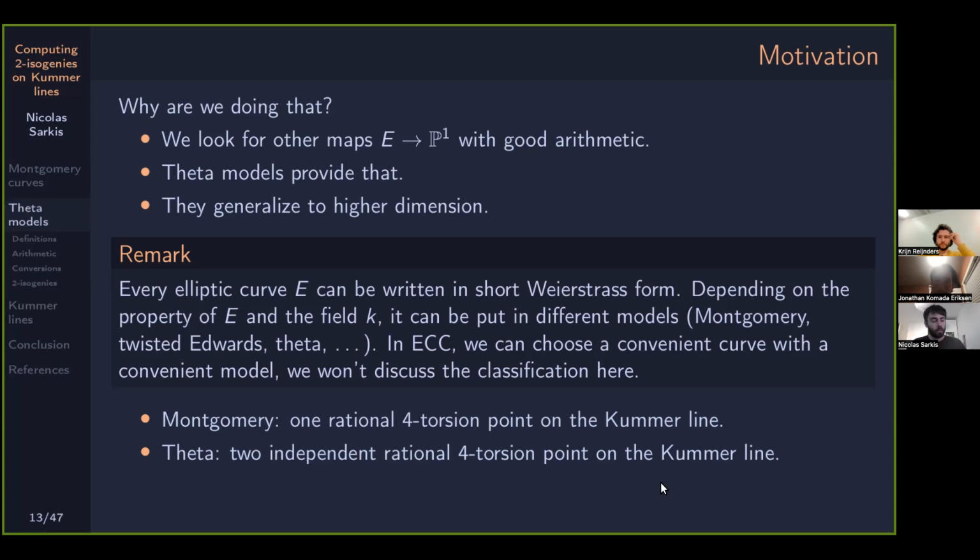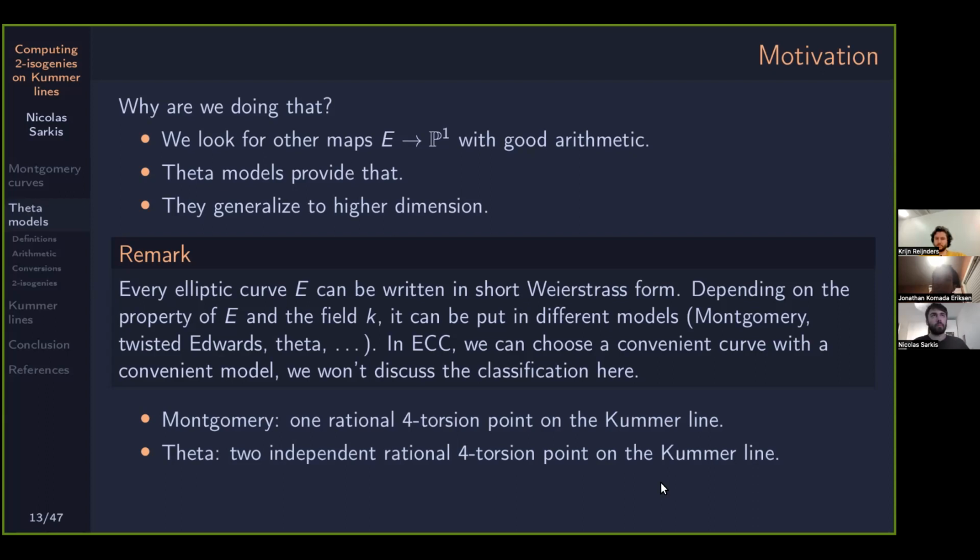You have fewer formulas, but you still have some, and in higher dimension, starting from 3, you don't have a generic framework for coordinates. So theta models are useful for that. I won't go into the details of how we know if an elliptic curve has a theta model or can be put in Montgomery form or things like that.